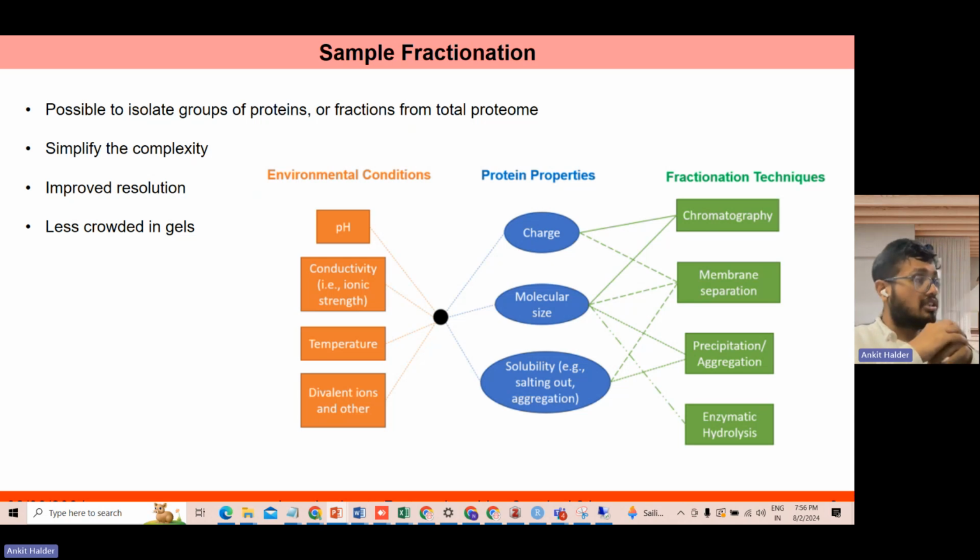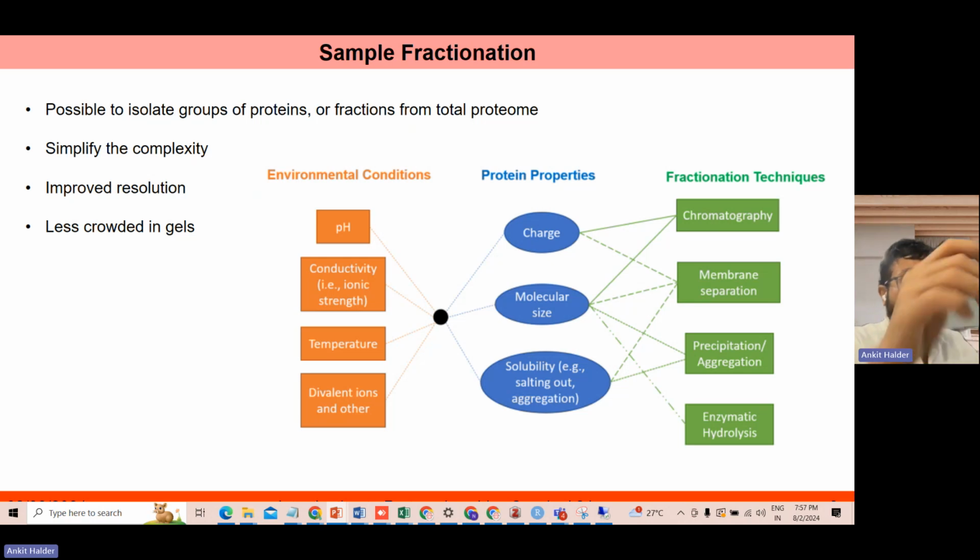Everything is coming out. So on the basis of certain protein properties, we can isolate those groups of proteins or fractions from the total proteome, and we can simplify the complexity and improve the resolution.